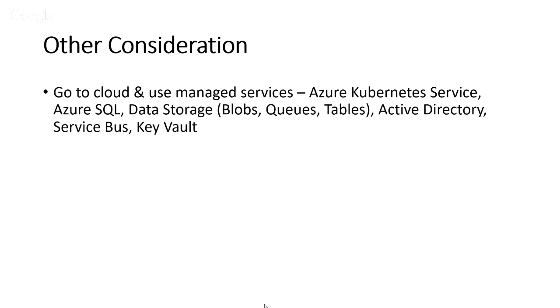So, for example, instead of procuring 6 virtual machines and taking care of installing Kubernetes software there, we use the managed service from Azure called Azure Kubernetes Service, where in a few steps we just say how many nodes we want to have in our cluster, and Azure will create it for us.